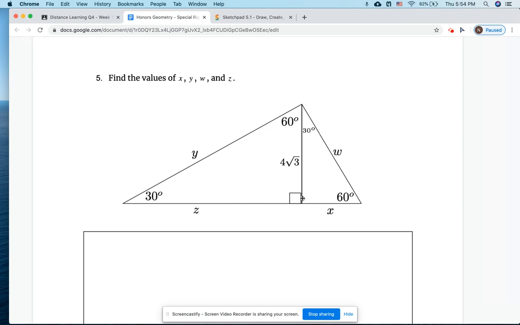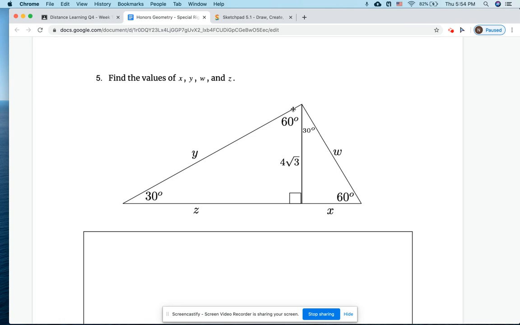And then we know that the hypotenuse of this larger 30, 60, 90 triangle is going to be 4 root 3 multiplied by 2, because the relationship between the short leg and the hypotenuse of a 30, 60, 90 triangle is a factor of 2.